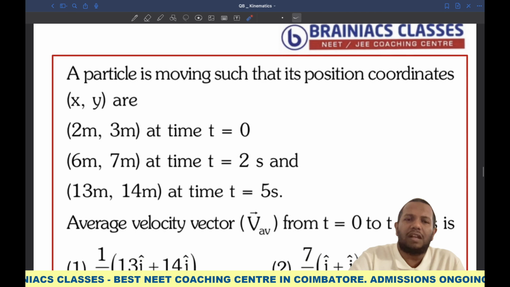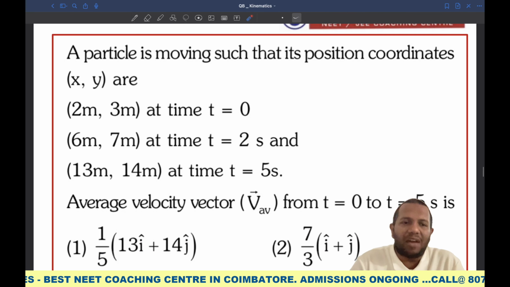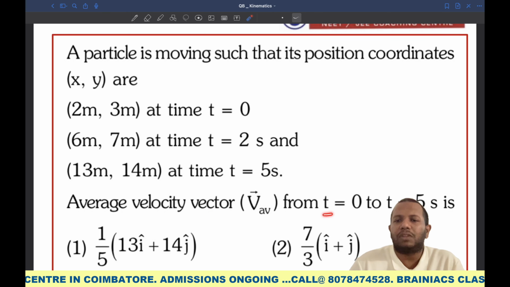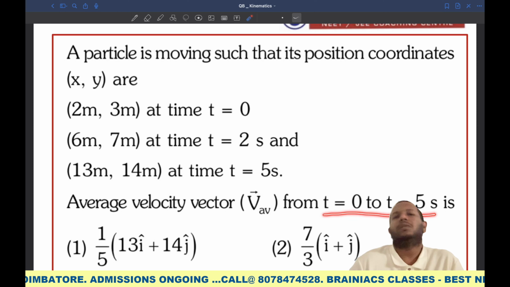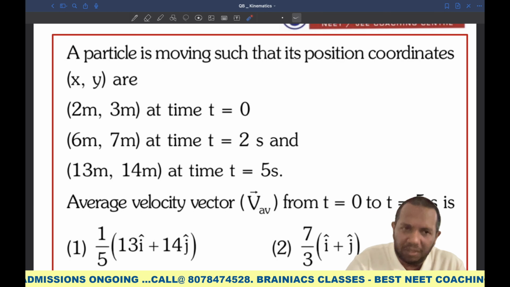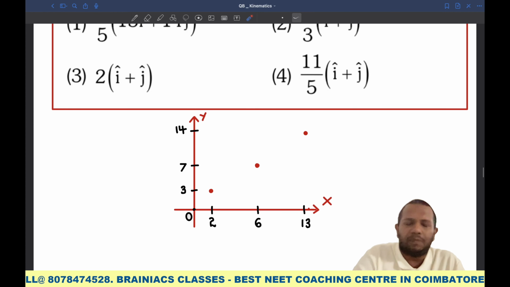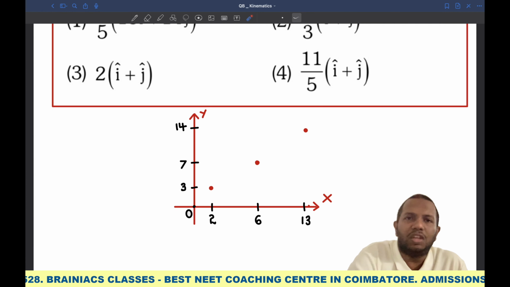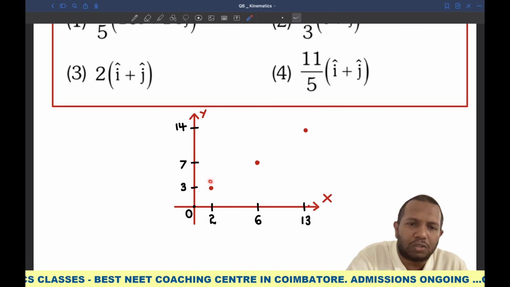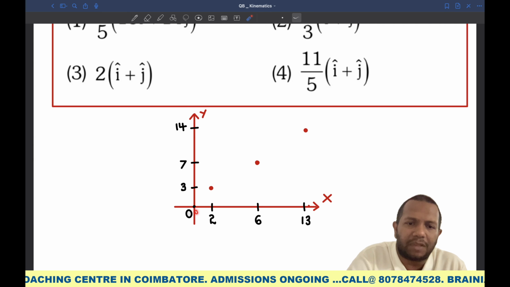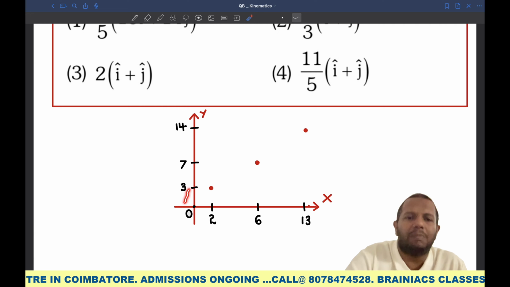Now the question asked is, what is the average velocity vector when the time changes from 0 to 5 seconds? So this is a beautiful question. To explain this, I have drawn a coordinate system here for you to understand. Initially you can see this was the position of this particle. Its x coordinate was 2 meter and the y coordinate was 3 meter.